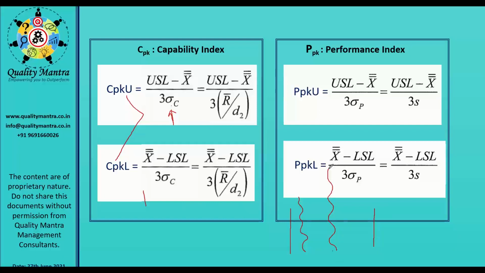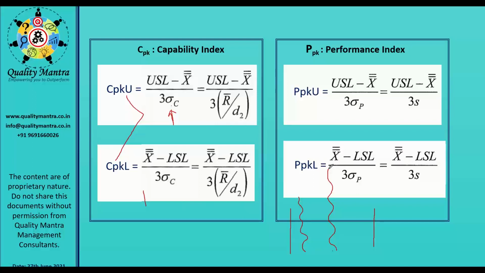But capability ultimately defines your chances of producing non-conforming product. That's why your customer asks you for a capability of 1.66, and some people even ask for 2, that is 6 sigma capability. Normally it was 1.33, but now people are asking for 1.66 or 1.67.